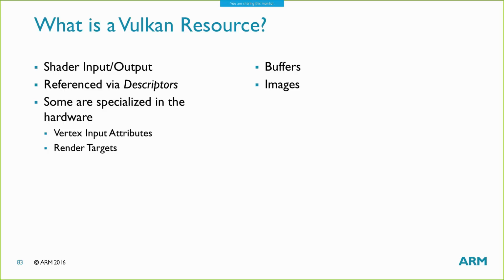We have samplers, which are basically parameter sets for looking up data in images and filtering them, computing the coordinates that you're going to use to address the image, and a few other bits of metadata around things like MIP mapping and that sort of thing.